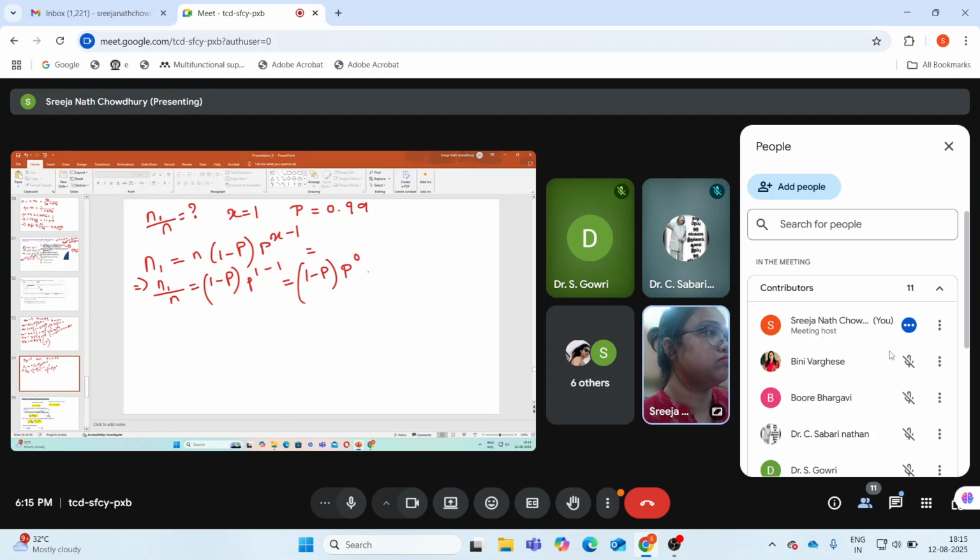See here, Nx means the number of molecules with degree of polymerization x, N0 is the initial number of molecules, and N is the total number of molecules. So when the ratio is x-mers to the total number of molecules, then we use this formula.